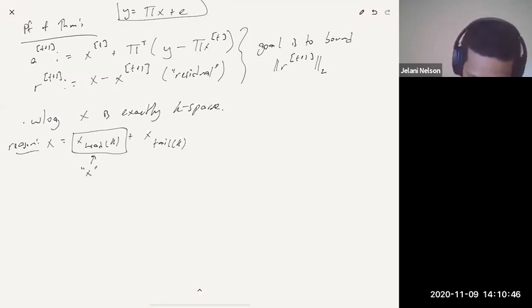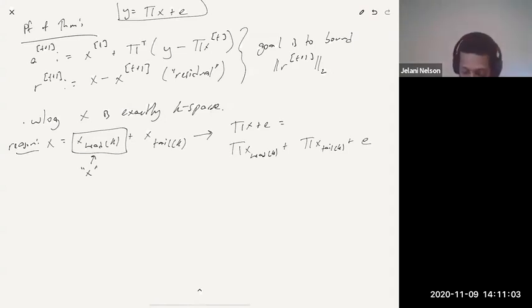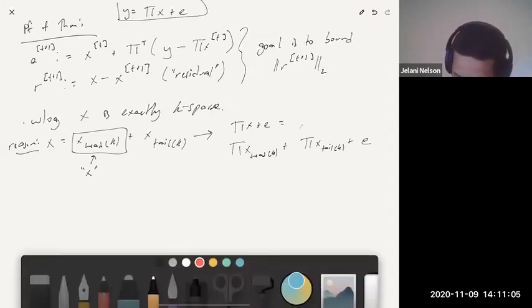But notice pi x plus e is equal to pi x head k plus pi x tail k plus e, and I'll just treat this entire thing as post-measurement noise.